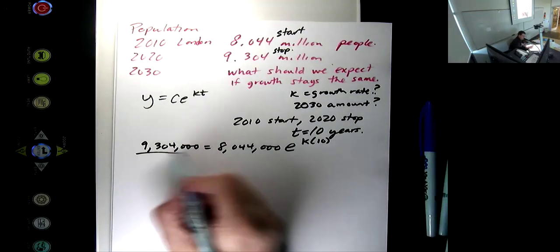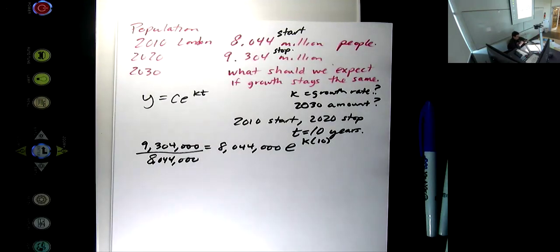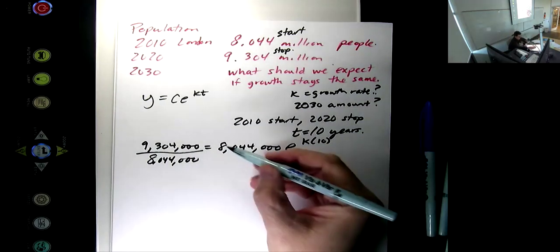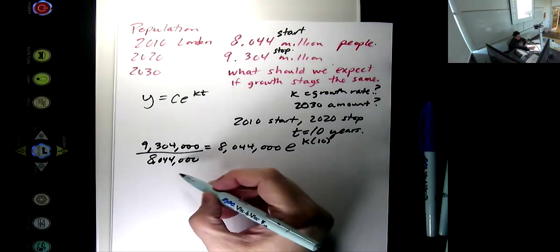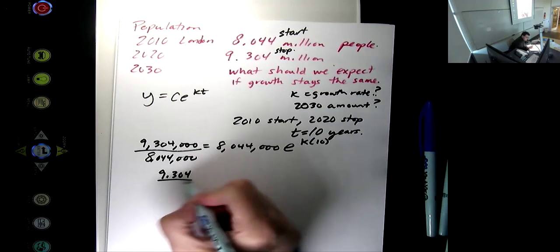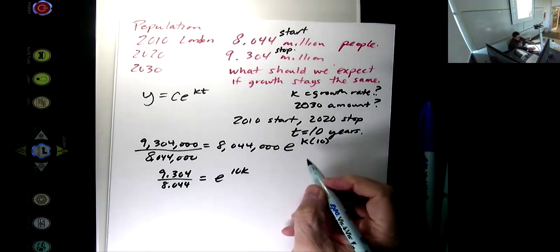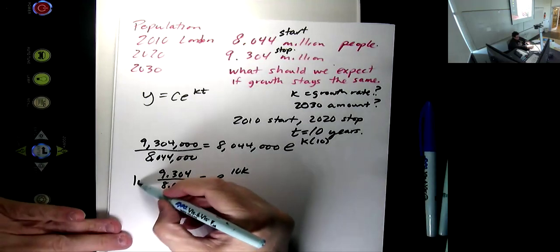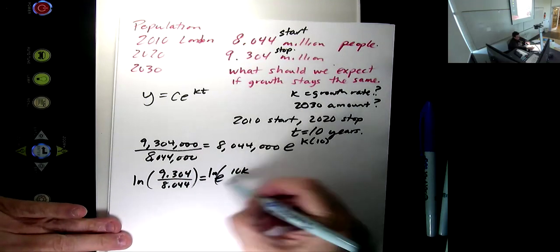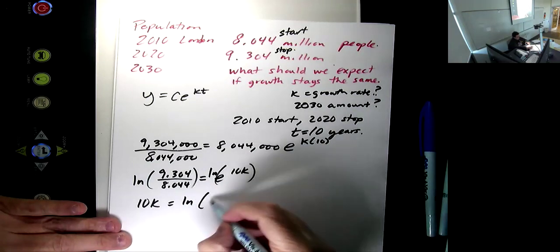So I divide by 8 million. I don't know what that is, I'm gonna leave it like that. If I take the natural log of both sides, I get 10K equals natural log of this side.